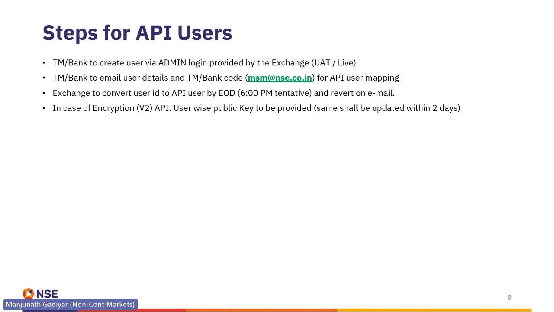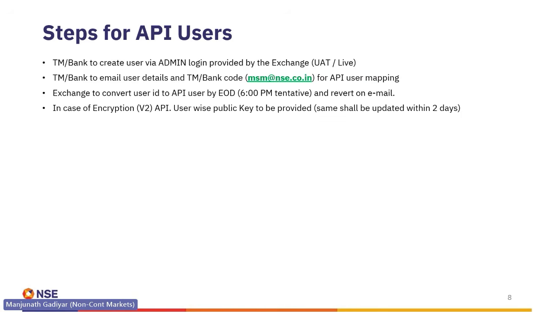Throughout the day, the exchange will receive all this information via email, and post 6 p.m. EOD, they will do it. This is a tentative time. There are times the exchange provides these users earlier also, maybe by 5:15, 5:30 or so. So tentatively by 6 p.m., all the mails will be replied to, informing that these API users have been created.